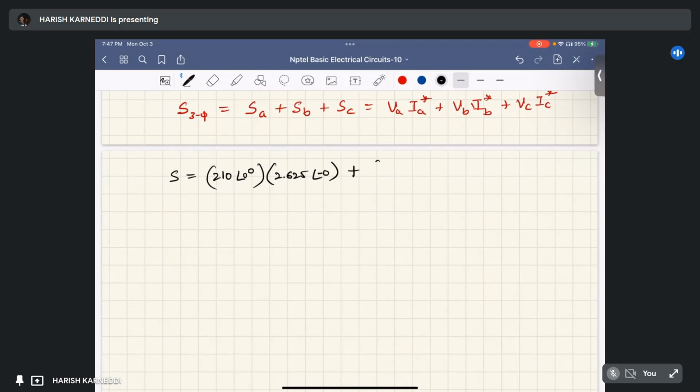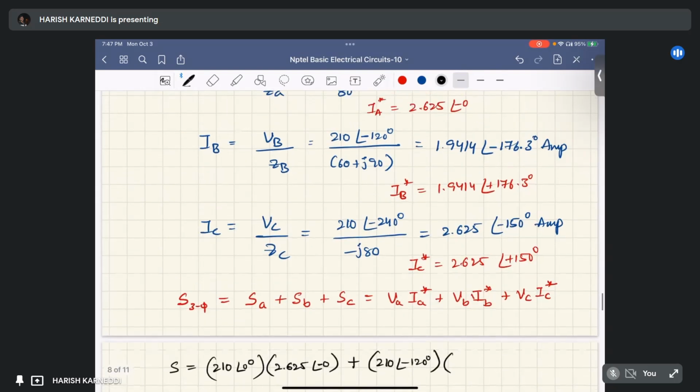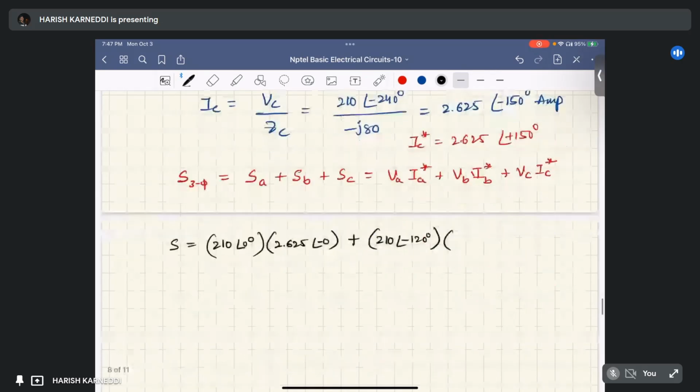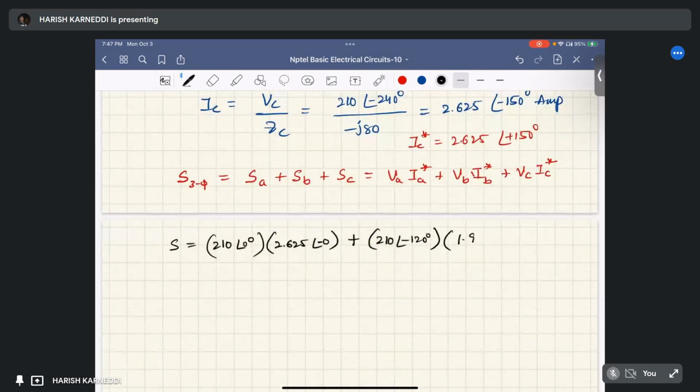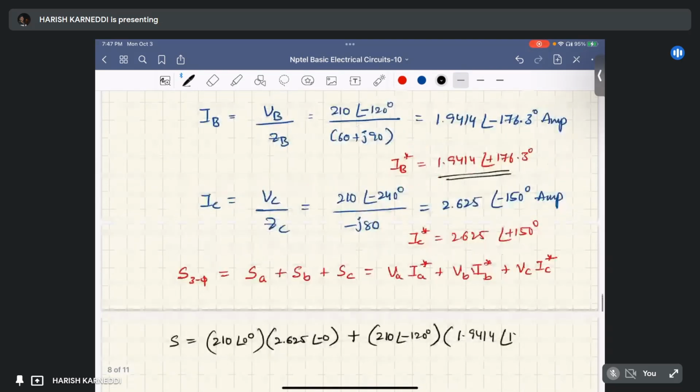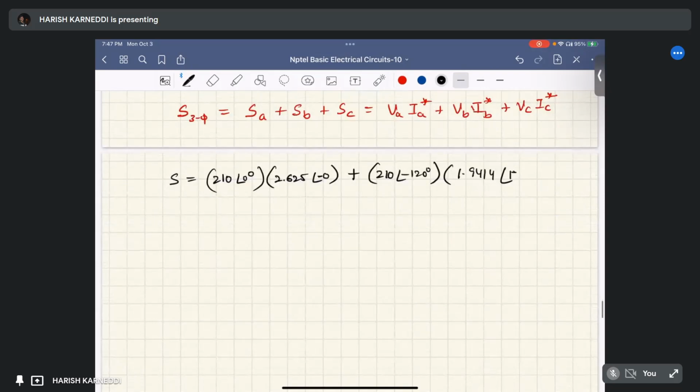Plus VB. VB is 210 at an angle of minus 120 degrees. And what about IB conjugate? IB conjugate value is 1.9414 at an angle of 176.3 degrees.